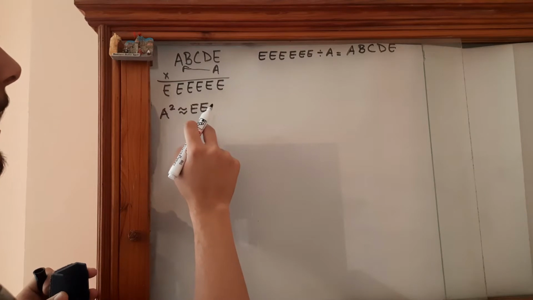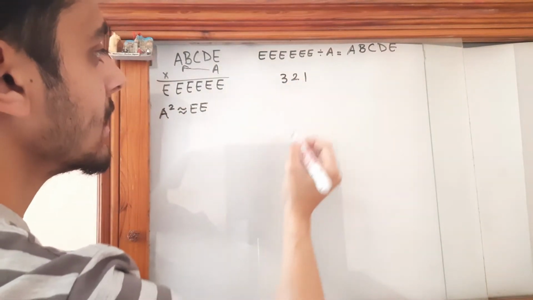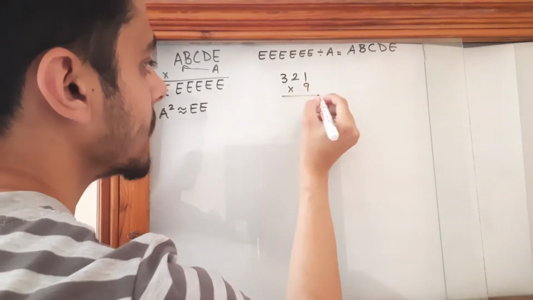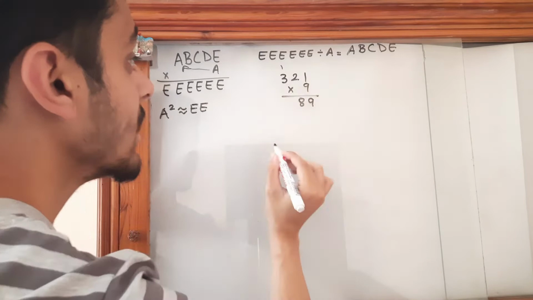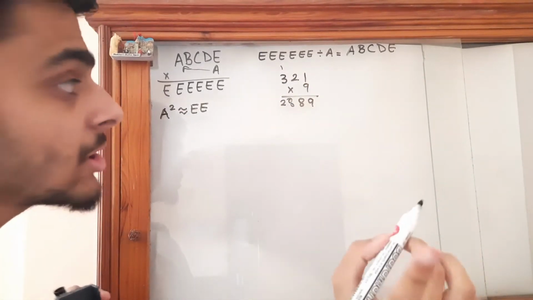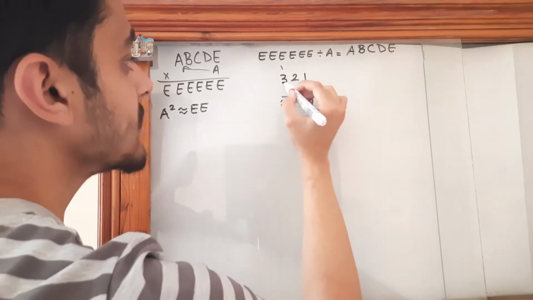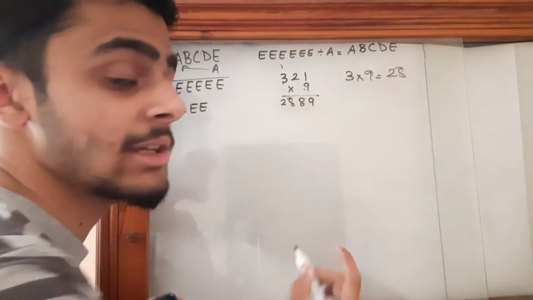So let's say 3 1 times 9. 9 1 is 9, 9 2 is 18, so 1 carries. 9 3 is 27, plus the carry, 28. This does not mean that 9 times 3 is 28. That certainly is wrong.